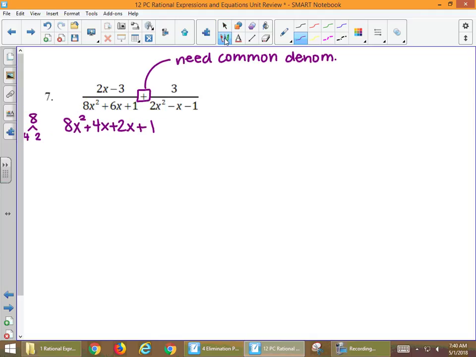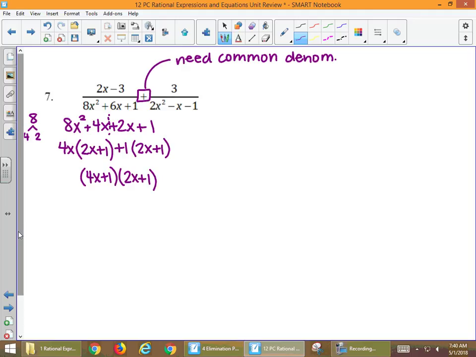Cut it in half. 8x squared and 4x have 4x in common, and I'm left with 2x plus 1. I have 2x plus 1 already in my second half here, so then I know I just need a 1 out front. So fully factored, that is 4x plus 1 times 2x plus 1.